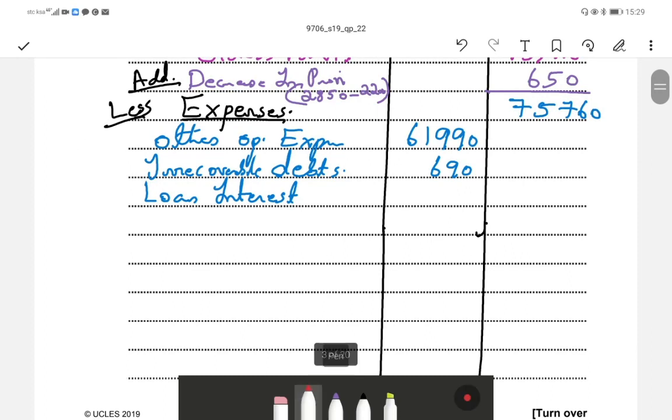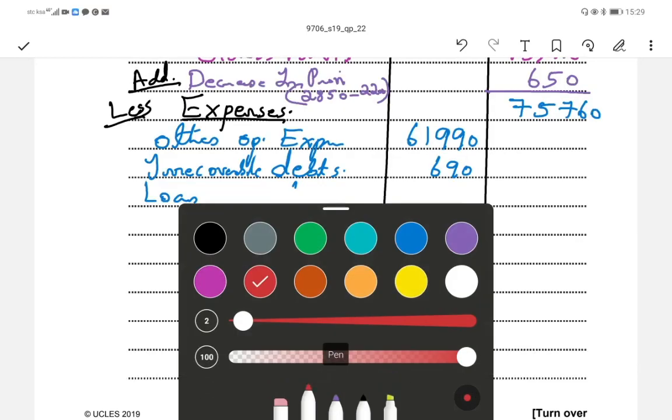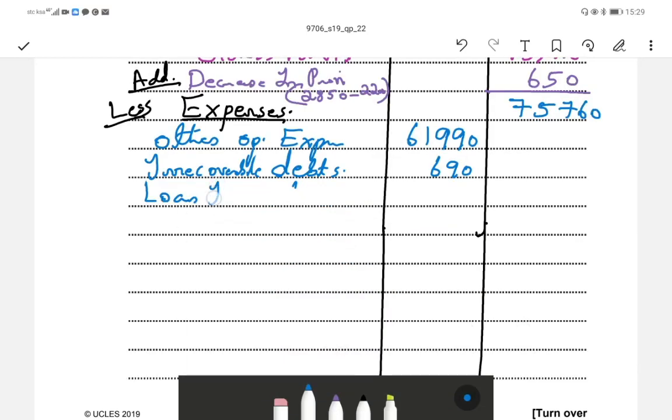So loan interest is equal to 20,000 multiply 3 by 100 multiply 8 by 12.